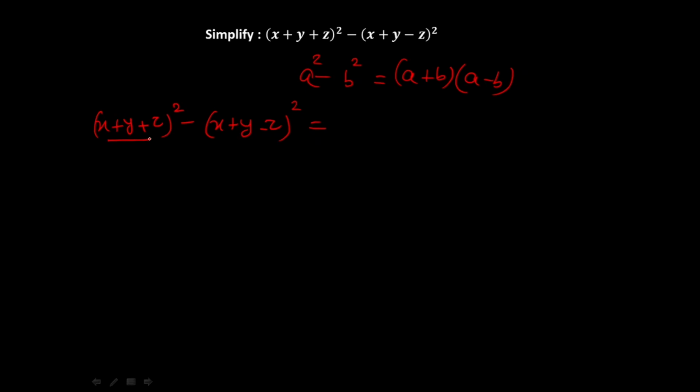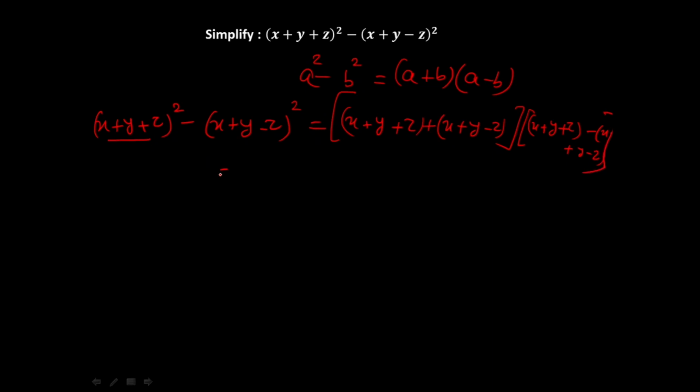So I assume this is a. a squared minus b squared is equal to (a plus b)(a minus b). a is this, b is this value. a plus b is done. Same, this is a minus b, (x plus y minus z).